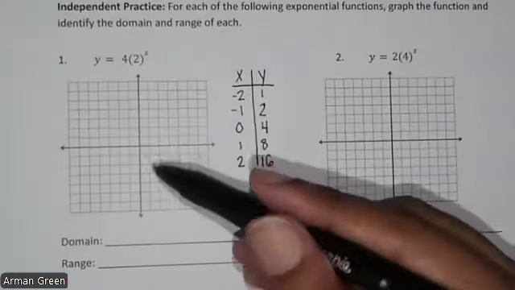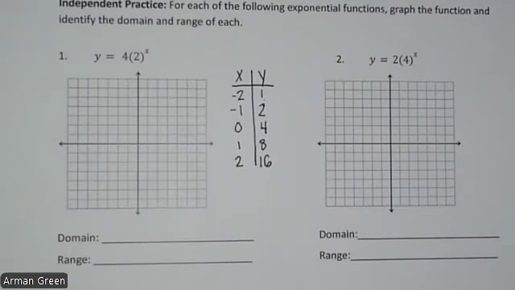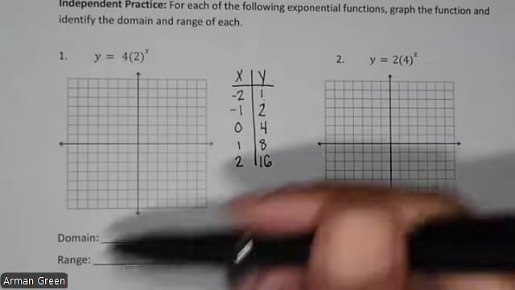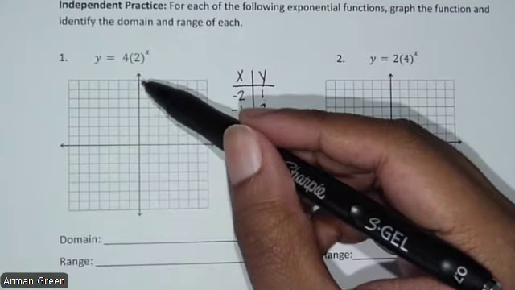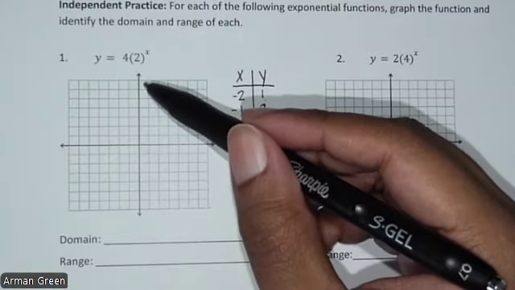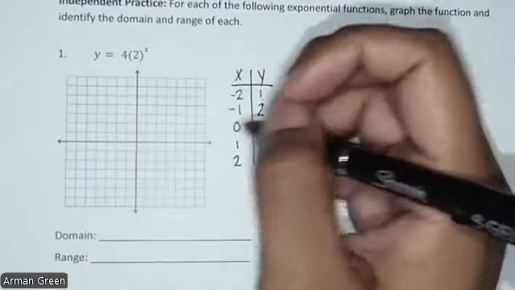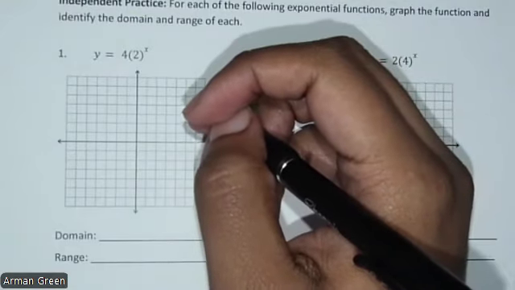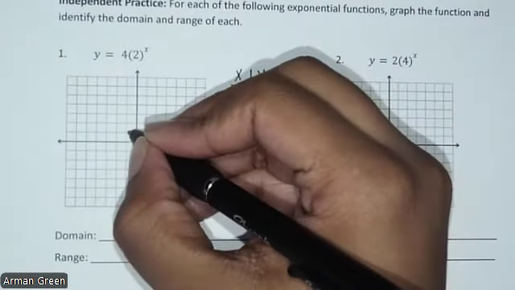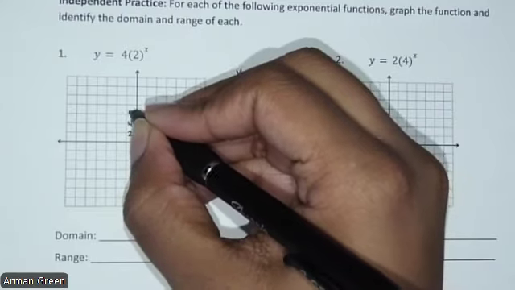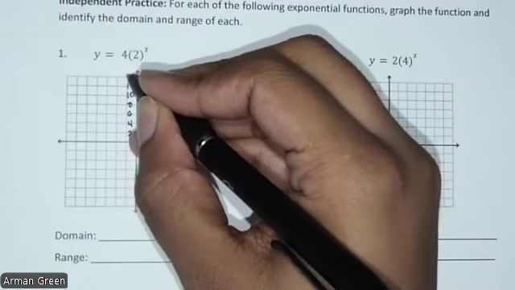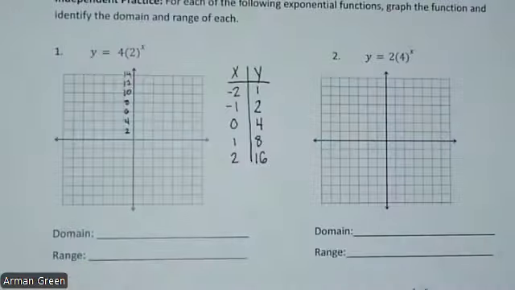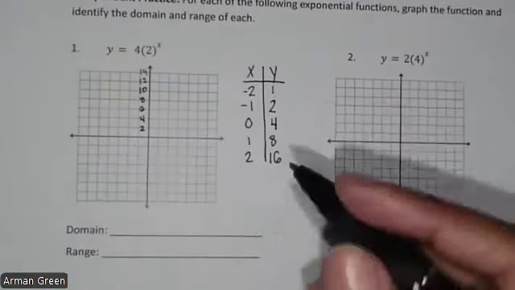Similar to what we did for the exponential function in our notes on page 3, I'm going to scale it a little bit. To make it look better, I'm going to go by twos: 2, 4, 6, 8, 10, 12, 14. So I'm just going up by twos on my y-axis.